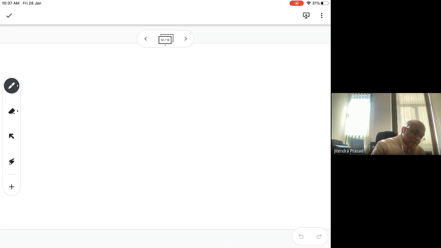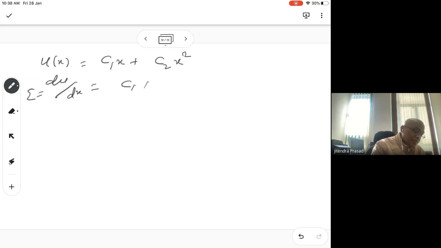Now let's assume a higher order system. Our trial function itself is u(x) equal to, let's call it, c1x plus c2x squared. Let's see whether it works. Then we have du over dx, which is the strain, equal to c1 plus 2 c2x.